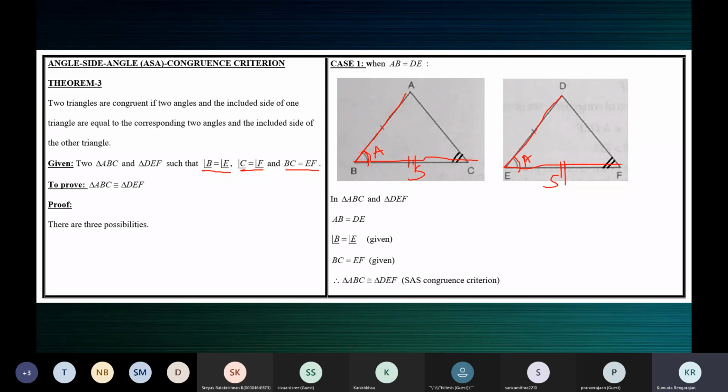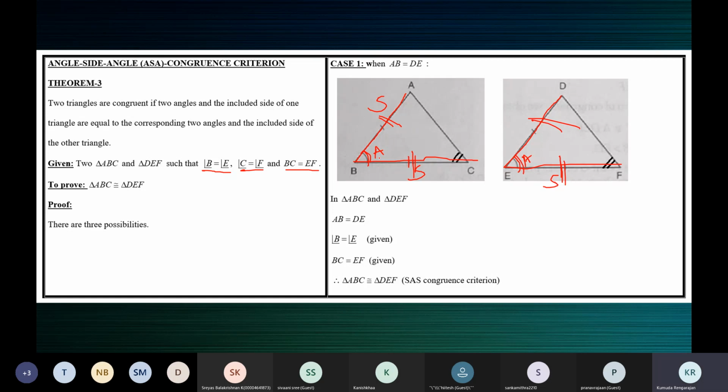We know that this angle is equal to this angle, and one of its arms is equal to one of the arms of the other angle. We don't know if this arm is equal to this arm. Only if this arm is equal to this arm can we say SAS: side, angle, side, two sides and the included angle.